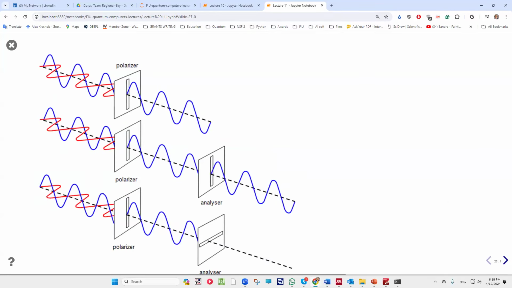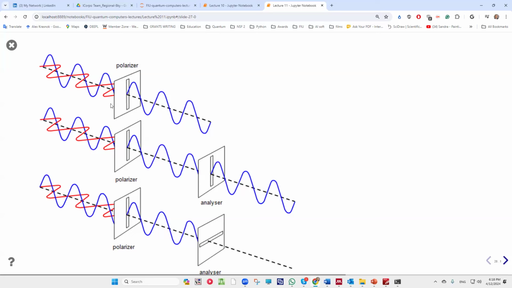The simplest version of a polarizer is a narrow slit in a screen. If the polarization direction is set along this slit, the wave passes through the slit.